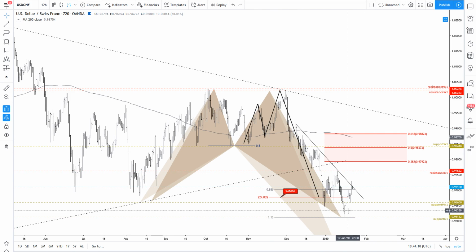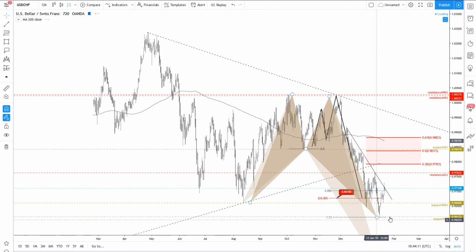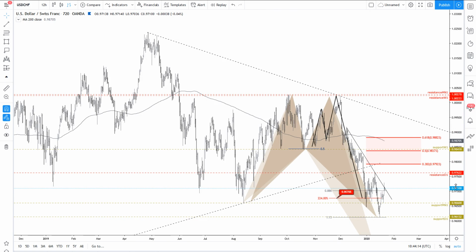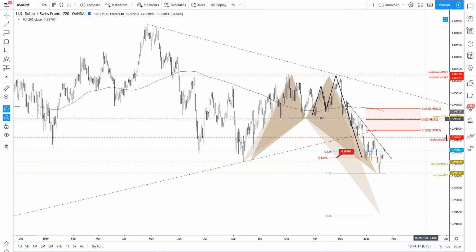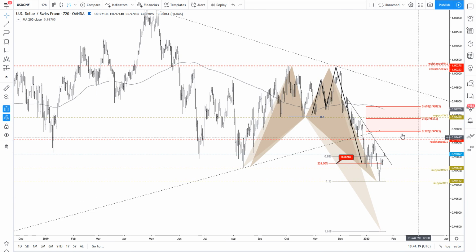CHF, bullish shark pattern, bullish alt-bat pattern, 113% fib. We need a clear recovery of the daily fractal resistance, or at least we need a price trading above 97.62.